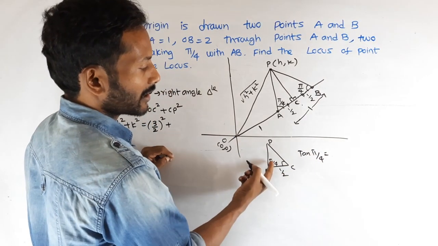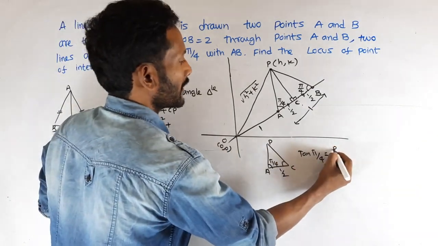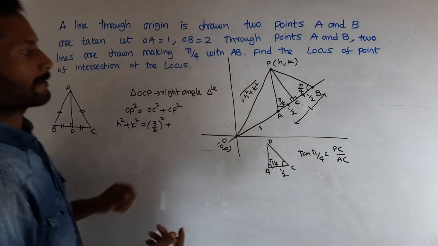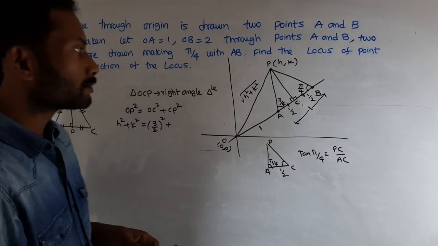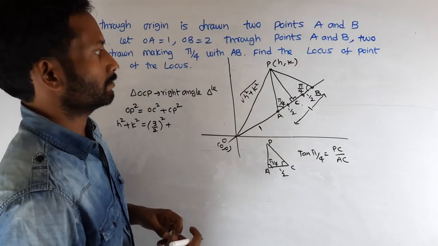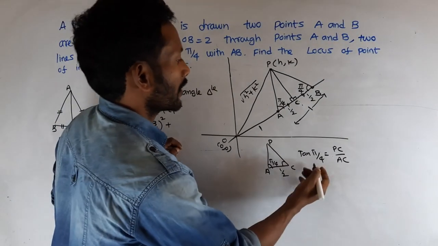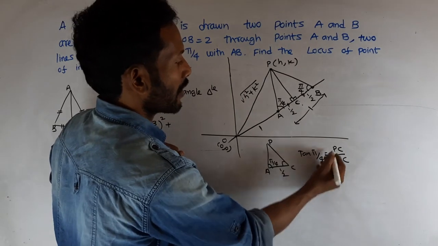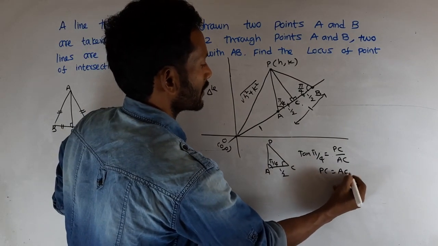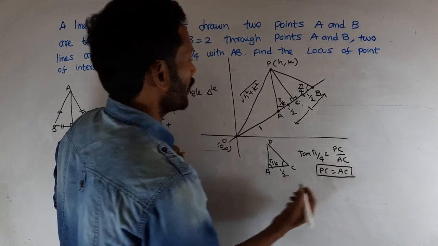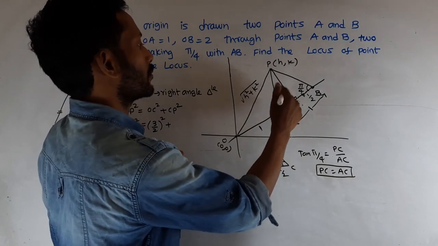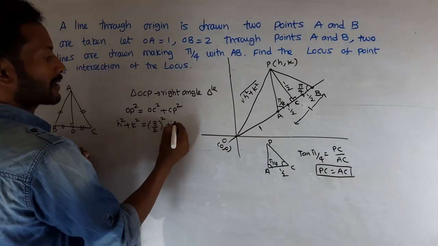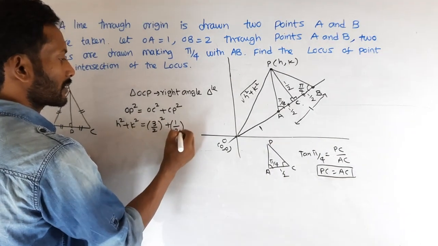So tan pi by 4 equals PC by AC. Here tan pi by 4, tan 45 degrees, is 1. So PC equals AC. The length of AC is 1 by 2, so the length of PC is also 1 by 2.